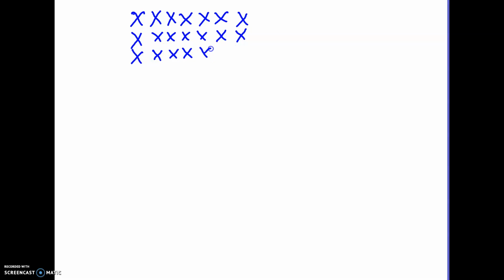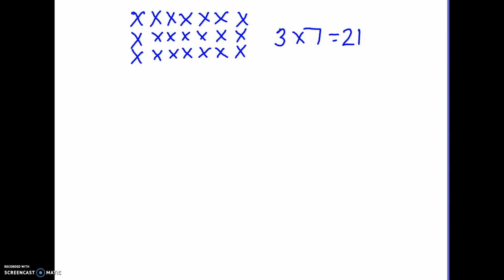So 1, 2, 3, and 1, 2, 3, 4, 5, 6, 7 for each row. The number model for my rows of chairs is 3 because I have 3 rows, 7 because there's 7 in each row. I count my X's in my array and I'm going to get 21.